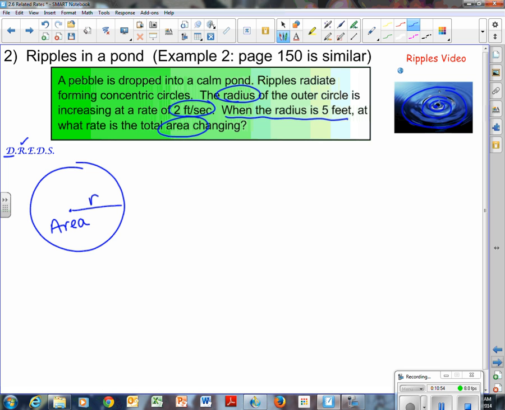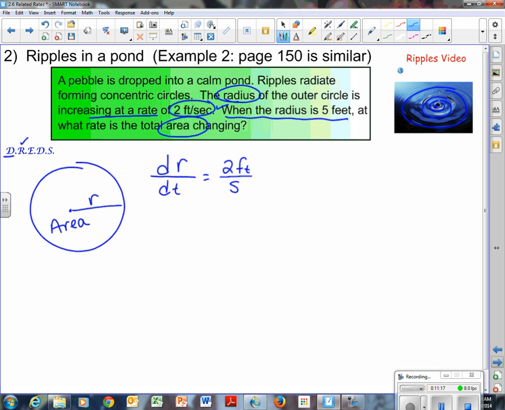So the next thing I want to do is let's just jot down what they gave us for rates. They said the radius is changing at a rate. Well, anytime I see the word rate, I think of the derivative. So the derivative of radius, dr/dt, is 2 feet per second.